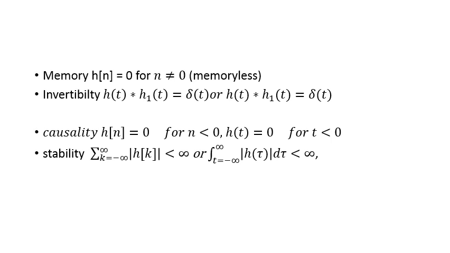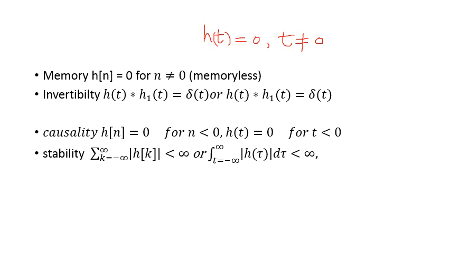For the continuous time case, we can write h of t equals 0 when t is not equal to 0. So if this is the case, then we say the system is memoryless. If this is not the case, then we say the system has memory.